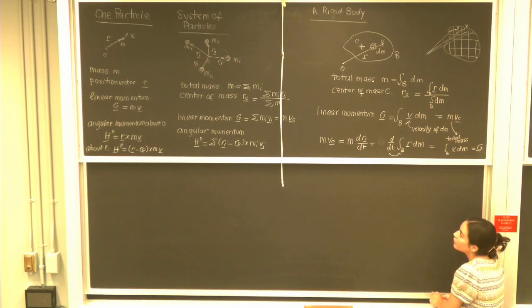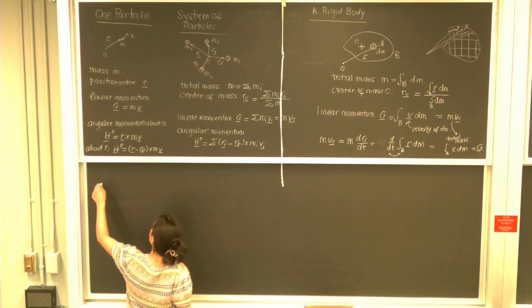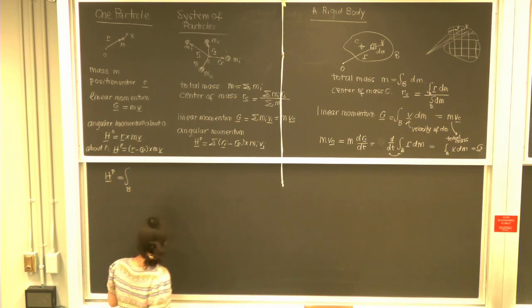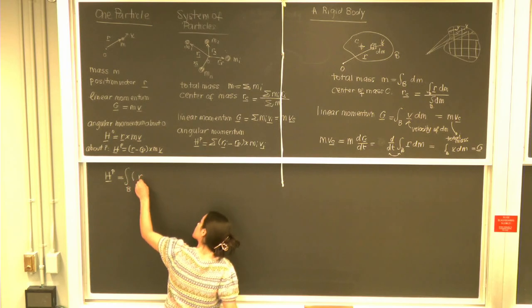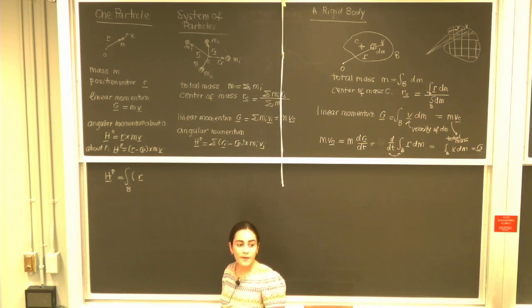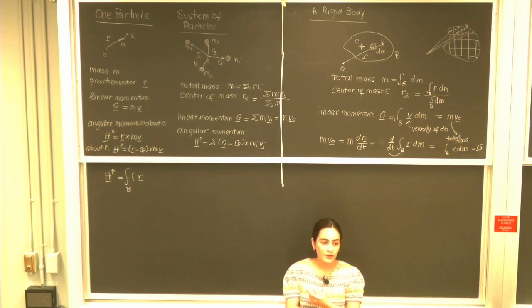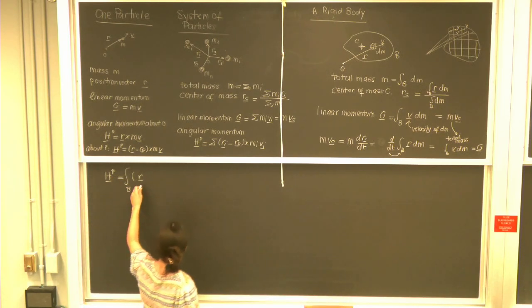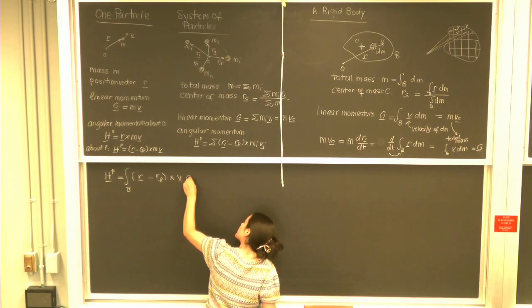Now we come to the angular momentum of the system. Can anyone guess what the integrand is? R cross what? Not quite. It's the discrete version of this. But since I'm calculating the angular momentum about point P, I'm going to add the r minus rp cross v dm.